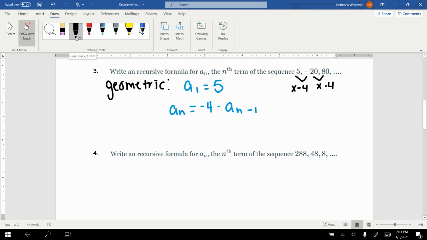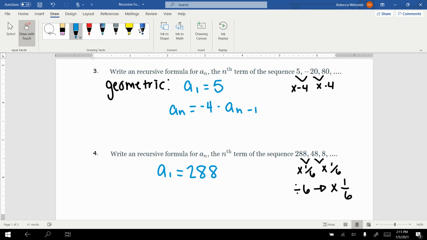Okay, for number 4, this one's one of the fraction ones. So it looks like I'm dividing by 6 here, which hopefully, as we know by now, is the same thing as multiplying by 1/6. So 1/6 is going to be my ratio here. For my formula, always identify your first term, which is 288 in this case.